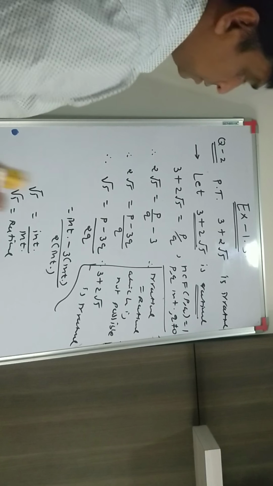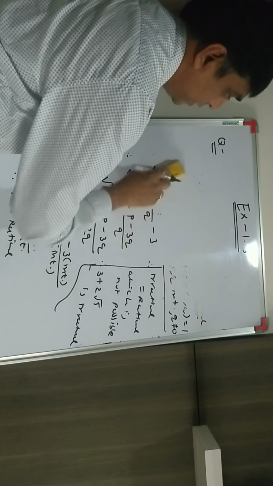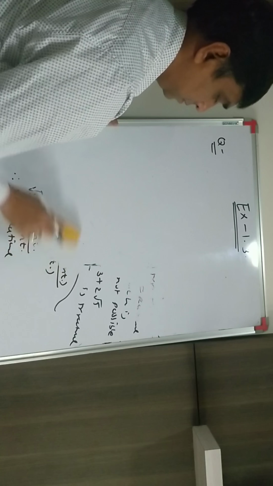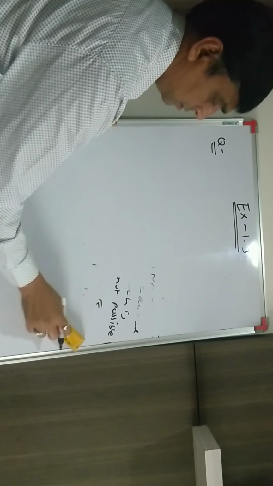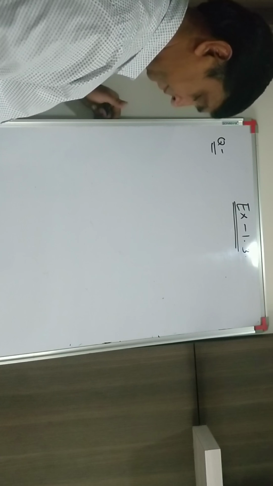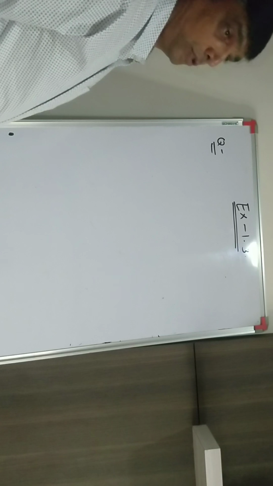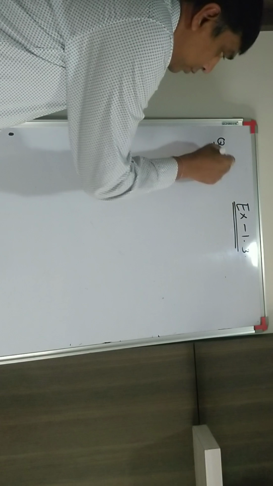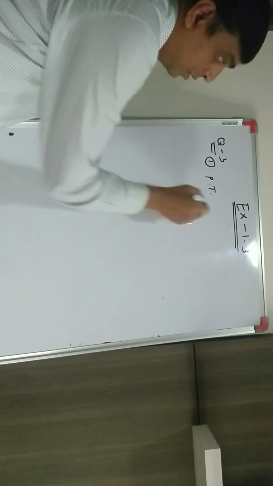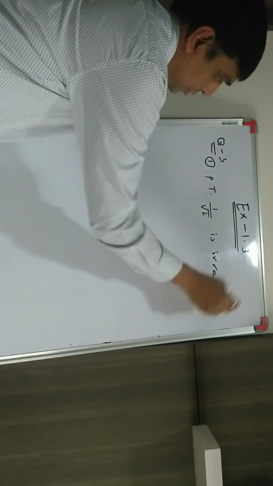Similar, question 3. Now we see question 3, exercise 1.3, question 3, number 1. Prove that 1 upon root 2 is irrational.